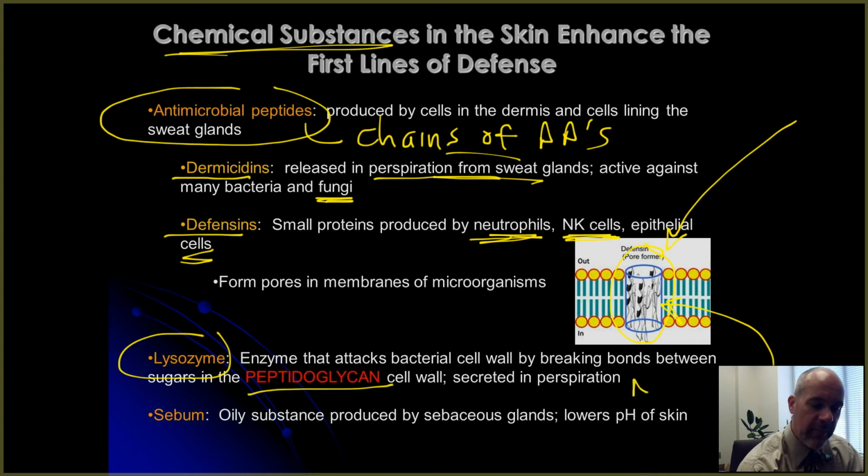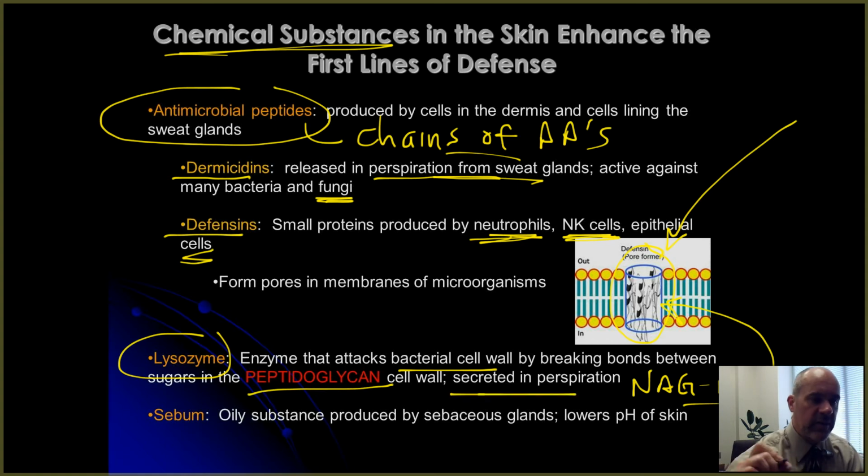Remember those NAG-NAM sugars you have in the peptidoglycan cell walls of bacteria? This enzyme breaks apart those NAG-NAM sugar strips that you have in bacterial cell walls. And by doing that, since the cell wall protects bacteria from bursting due to osmosis, if you degrade the cell wall, they're going to be much more likely to burst because of that.